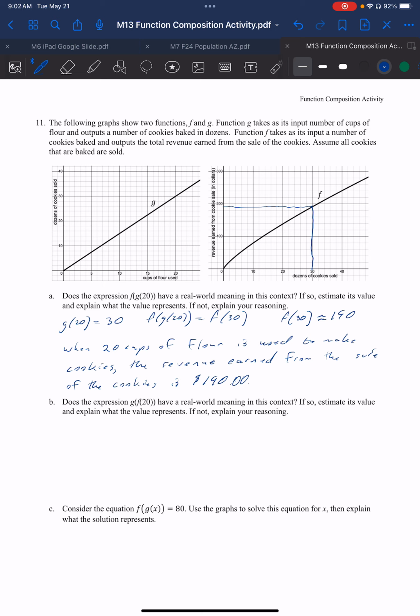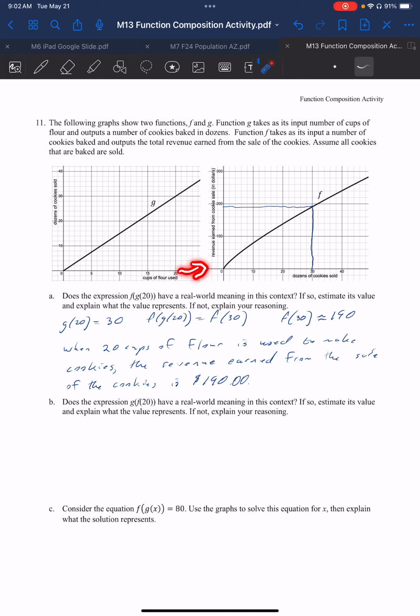Okay. So the next question is then, does the expression g of f at 20 make sense? And so we're going the other direction now. If I start with f at 20, 20 is the input to the f function, giving me an output of 140. Now, can I put 140 into the g function? It doesn't show it on this table.